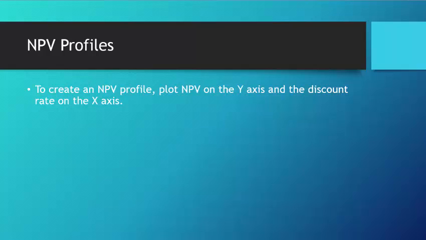So another way of looking at this, by the way, and I'll come back to MIRR in a minute. Another way of looking at net present value and trying to figure out what in the world it's doing, and whether I should invest in project A or B or S or L or whatever the two are, is looking at how the net present value changes given the discount rate.